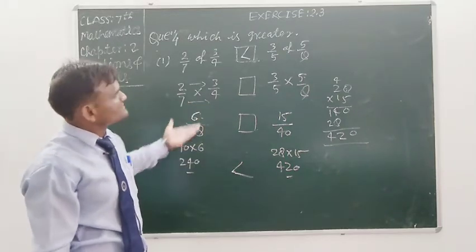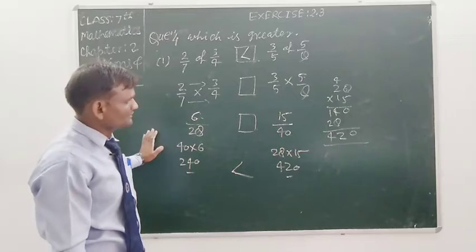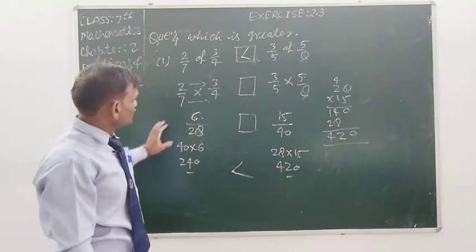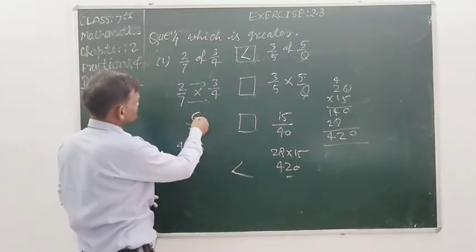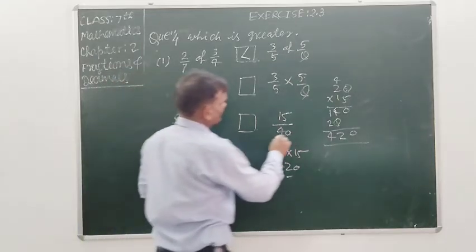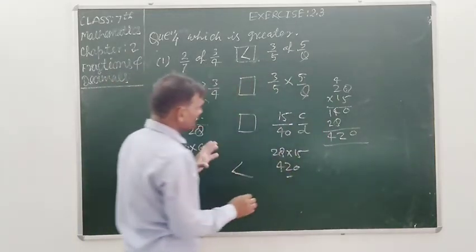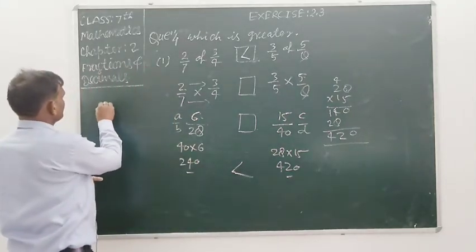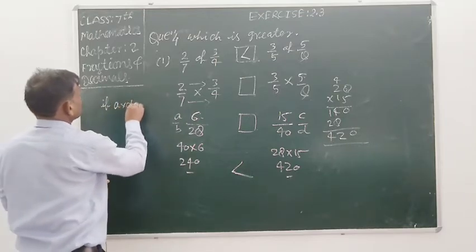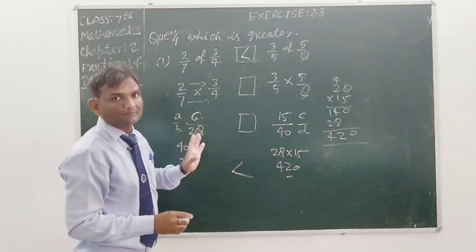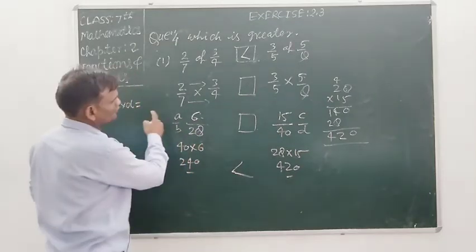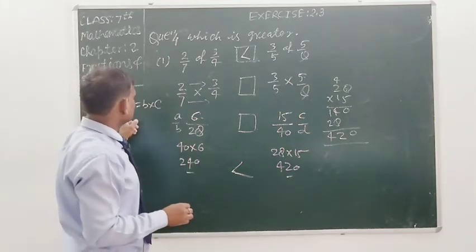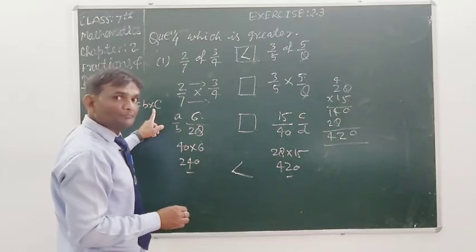So easily, student, you can solve this question. It means you can generate a formula. If this is A and this is B and this is C and this is D, then you can say if A into D is equal to B into C, this is the formula, student.